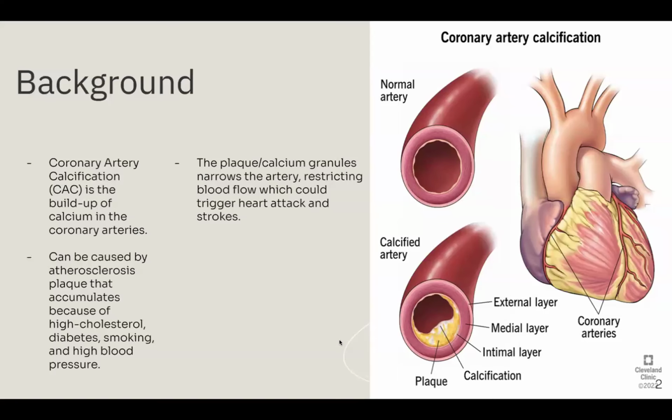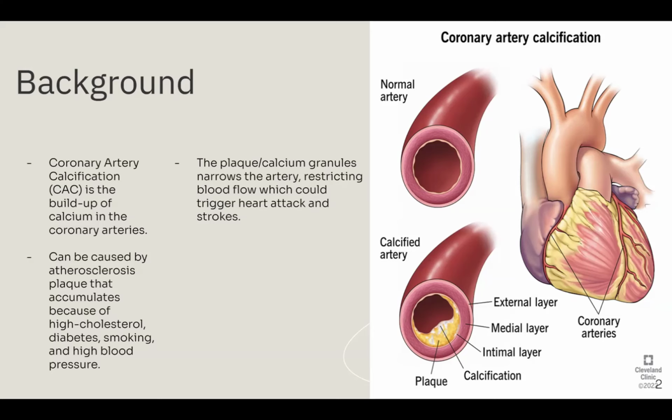Okay, so first, a little background. We're focusing on coronary artery calcification. This is when you have a buildup of calcium in your coronary arteries. This can start from plaque buildup that results from high cholesterol, diabetes, smoking, and high blood pressure, and that can calcify.